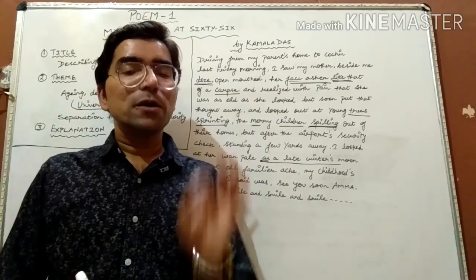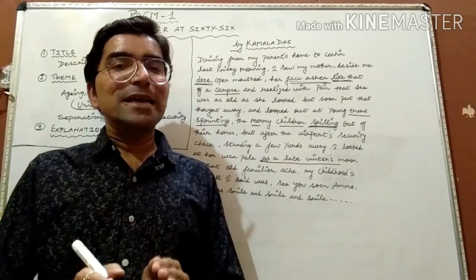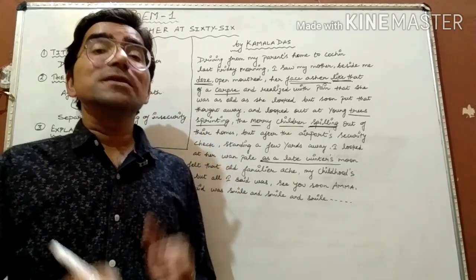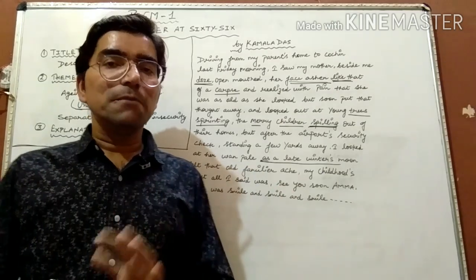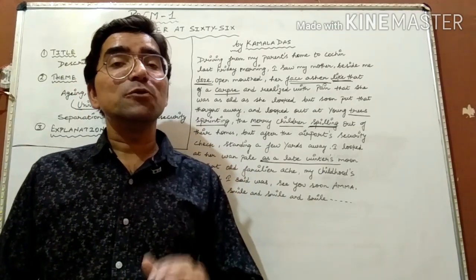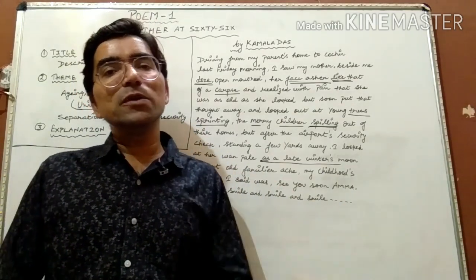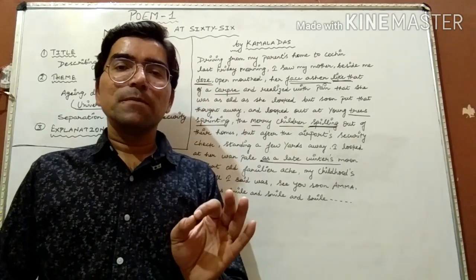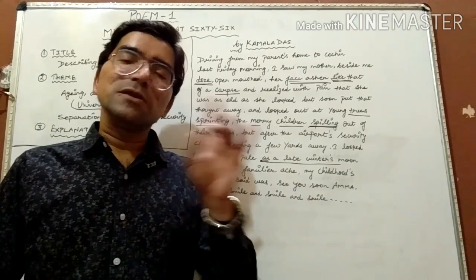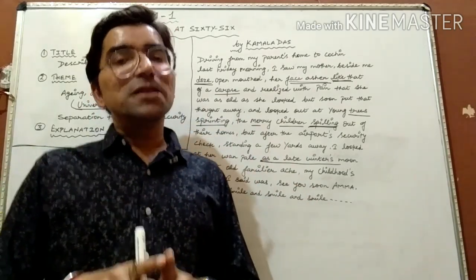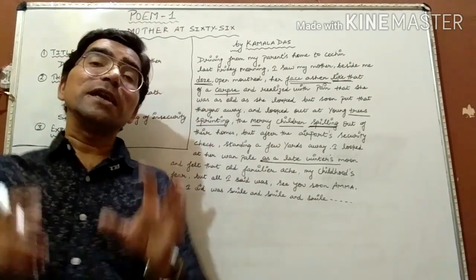It shows lack of energy. Yellow color shows lack of energy, and that is why the mother's face has been compared to a late winter's moon, because it gives a yellow tinge to the surroundings. As with the moon, her face is also looking pale.